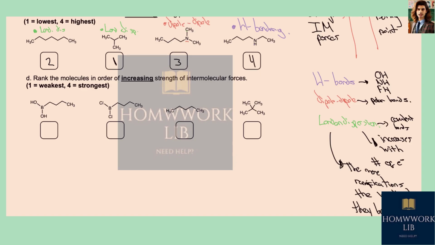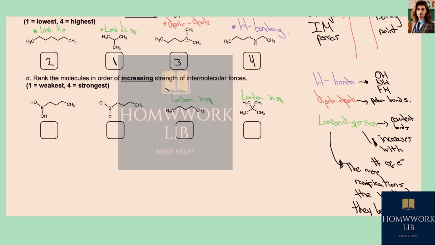And now we're going to rank the molecules in order of increasing strength of molecular forces. So again, over here we're going to have London dispersion. Also here, London dispersion. These are also sometimes called van der Waals forces, but both of them are correct essentially.